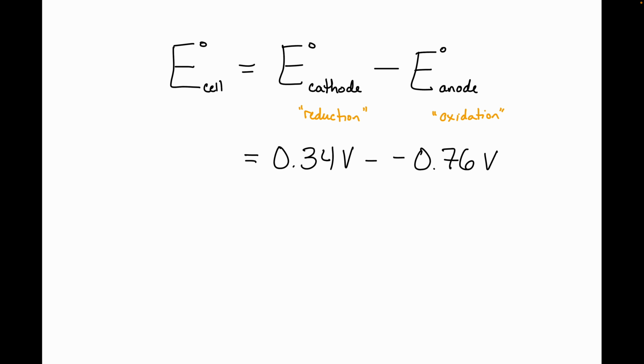All right, being good with my units here, we have our 0.34 volts minus our negative 0.76 volts. So the standard potential of this battery is 1.1, and I'm going to be good with my sig figs. I need 2 decimal places because this is a subtraction problem. 1.10 volts.